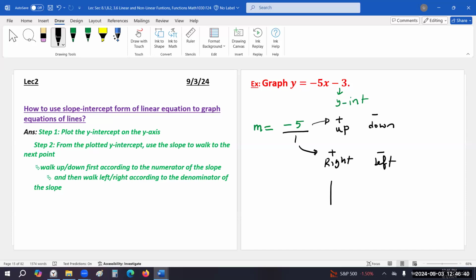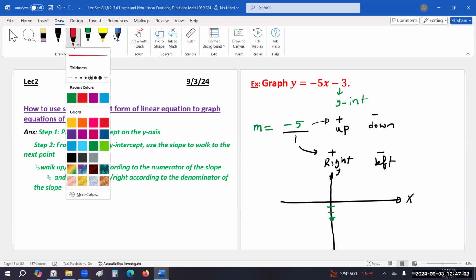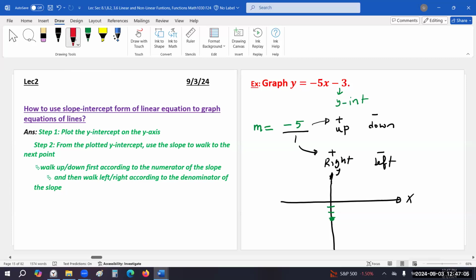Now let's use this information. I need more space. So first point is always the y-intercept. 1, 2, 3, -3, we plot that first on the y-axis. From there, we are going to walk -5 on the top. So which direction?